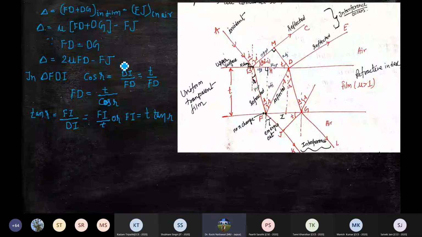Condition for path difference, this is 9. And this FT is 10. And this is 11. Fine. FD is t over cos r and FI is t tan r.